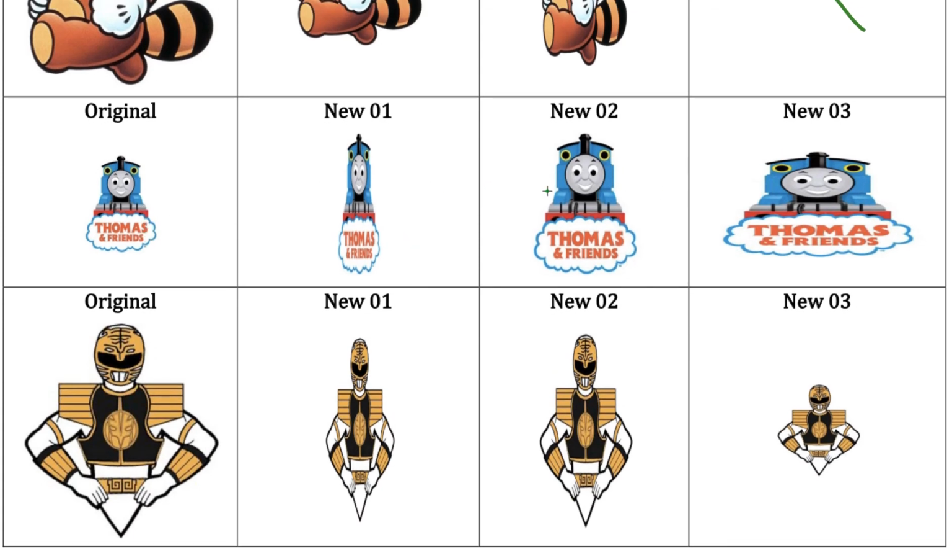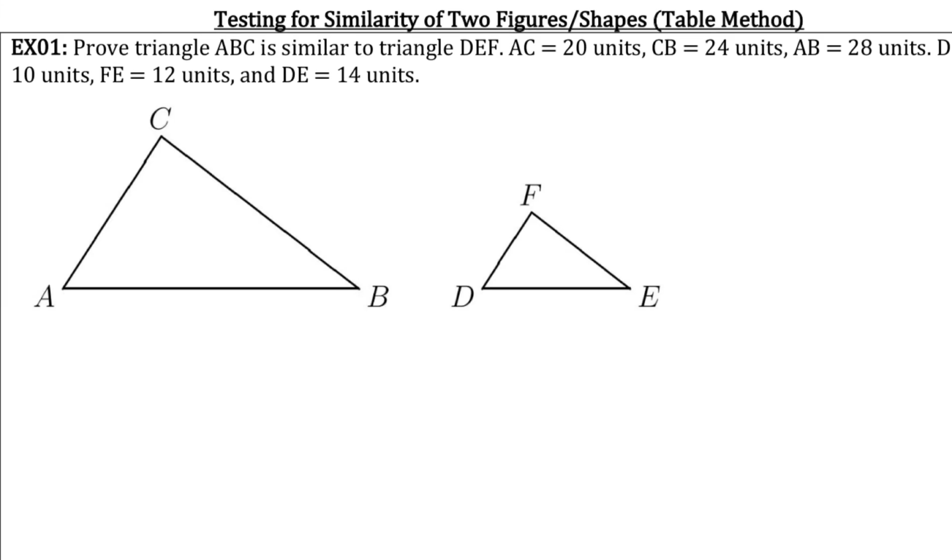This one's the similar one, right? Similar, not. And the White Power Ranger. Oh, cool. Smaller version is similar, or appears to be similar, right? We haven't measured anything. All right, next page.